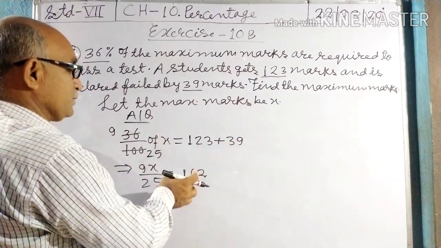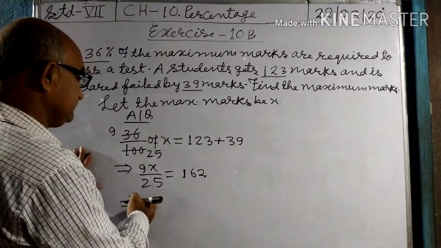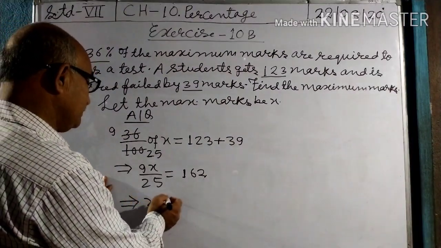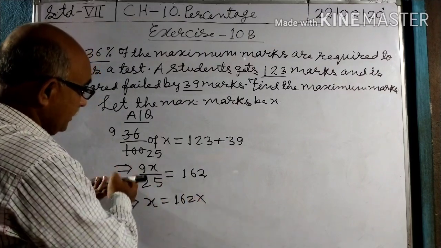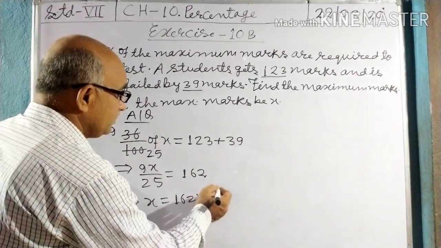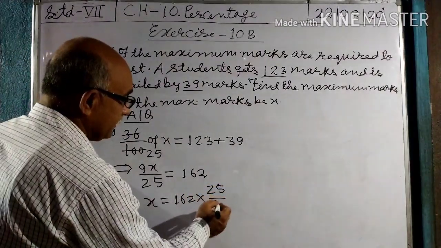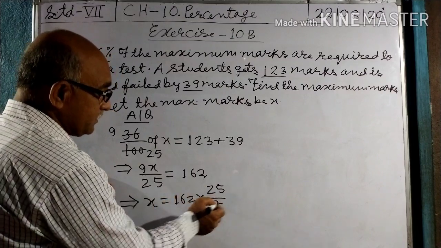That implies 9x by 25 equal to 162. By transposition, x equals 162 into 25 by 9. 1 plus 6, 7 plus 2, 9. 162 is divisible by 9.